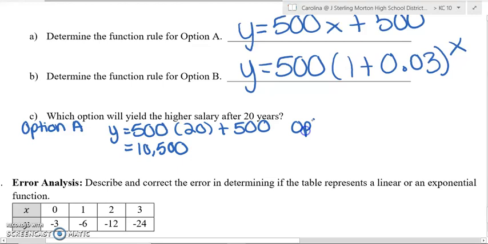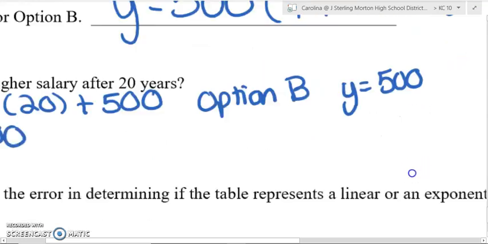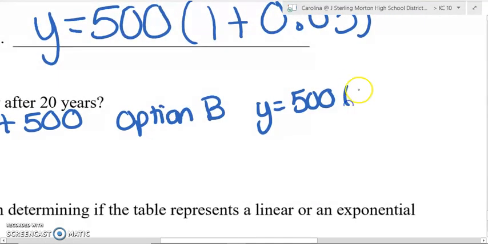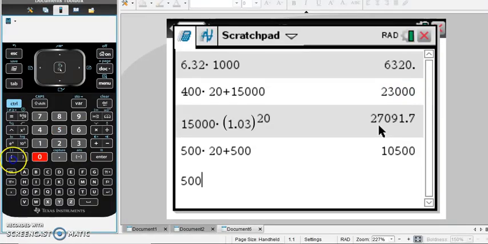Let's look at option B. It's going to be y equals 500 parentheses 1.03, because when you add it up, and raise that to the 20th power. So again, we're going to type that into the calculator. 500 parentheses 1.03.